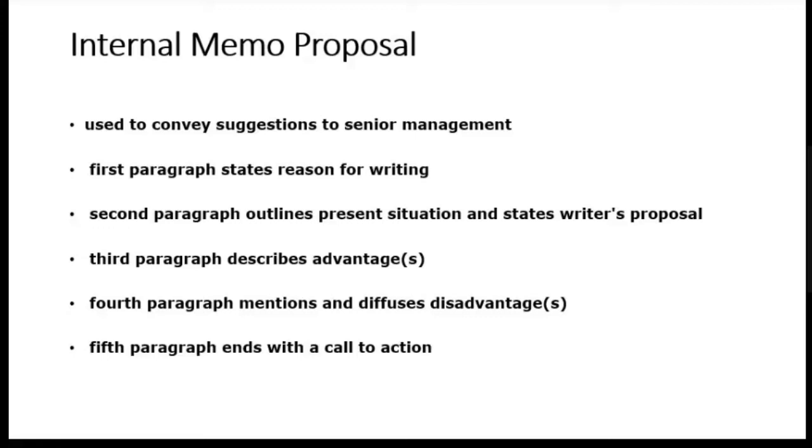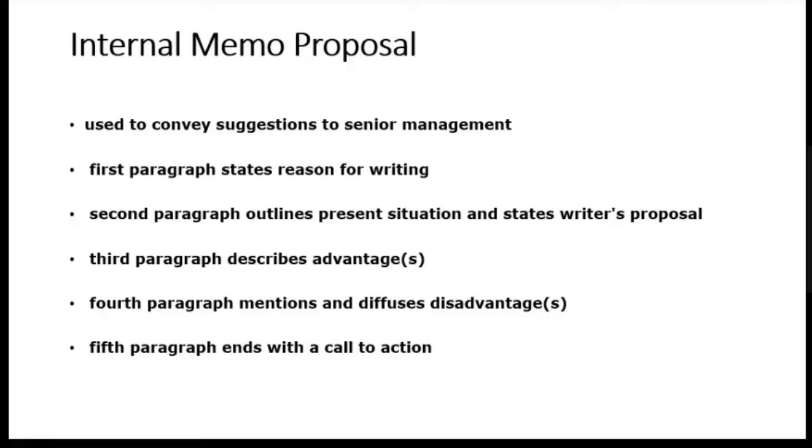The third paragraph describes advantages. The fourth paragraph mentions and defuses disadvantages. And the fifth paragraph ends with a call to action. So these are the types of memos.